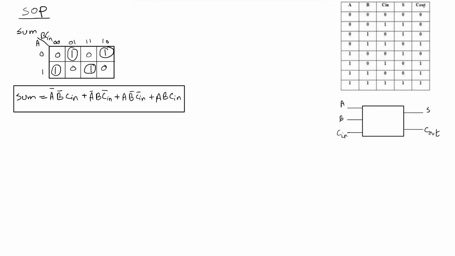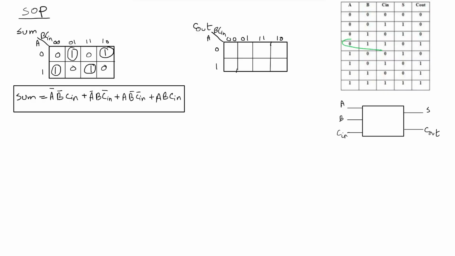Next, let's get the Boolean expression for the Cout. Also a three-variable K-map, so this is the Cout on this side. Similarly, A on this side and B, Cin on this side: 00, 01, 11, and 10. Let's check where the Cout is 1.